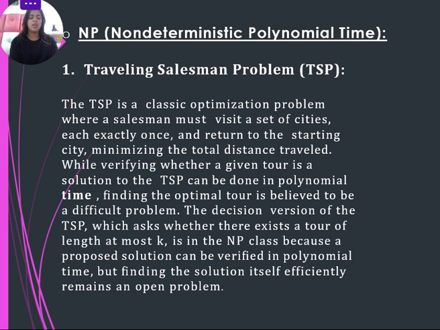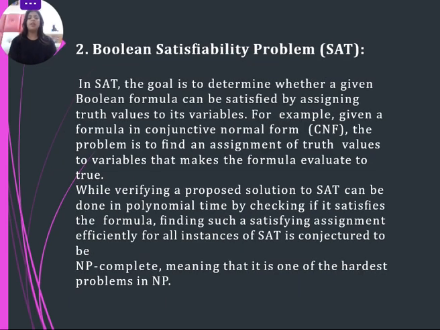Another one is the Boolean satisfiability problem, SAT. In SAT, the goal is to determine whether a given Boolean formula can be satisfied by assigning truth values to its variables. For example, given a formula in conjunctive normal form, CNF, the problem is to find an assignment of truth values to variables that makes the formula evaluate to true.